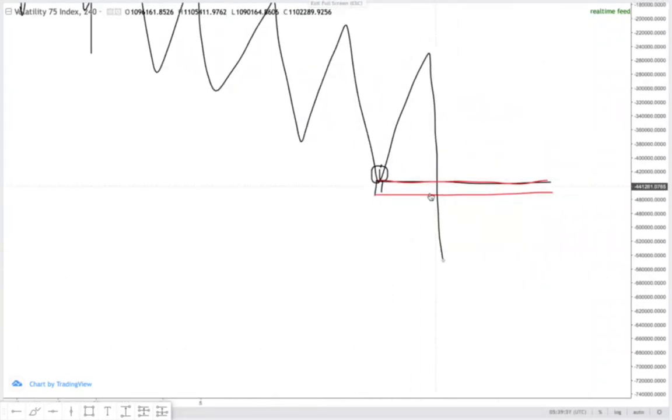Between these two lines, our anticipation will be around here, around this trend. It will be a trend or maybe a candlestick or something, somewhere around here.